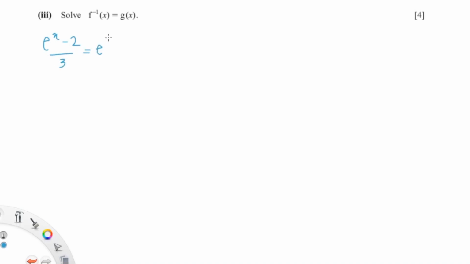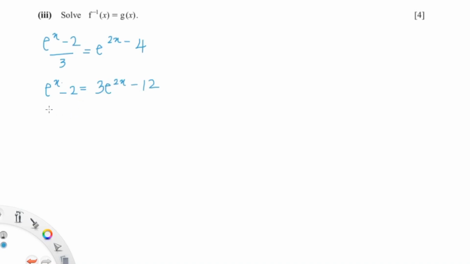And the function g is e^(2x) minus 4. So now I'm going to bring 3 to the other side, so that would be e^x minus 2 equals 3e^(2x) minus 12.